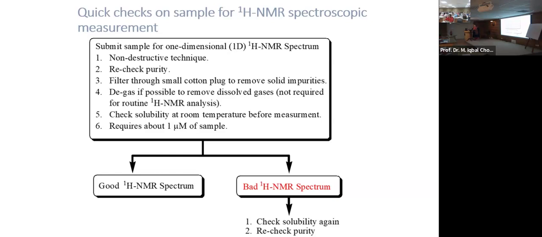You can write the algorithm yourself, and people usually do this, mostly those working on biomolecules. They sometimes have to write their own experiment.